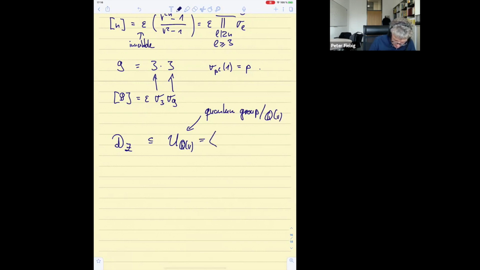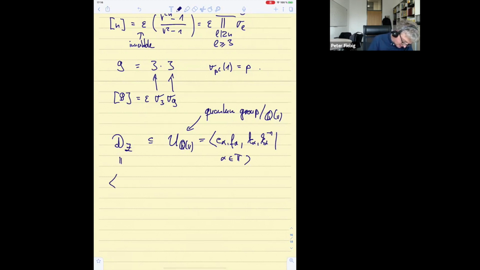So this is generated, of course I won't give the relations, by some E alphas, F alphas, excuse me for using the same notations here, and K alphas, K alpha minus 1, and a lot of difficult relations. And this is Lusztig's Z form.